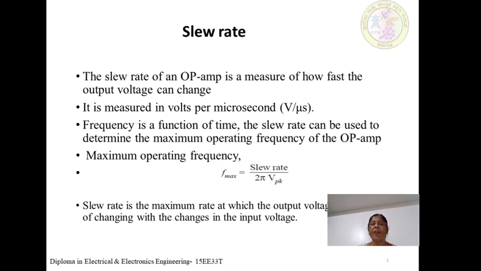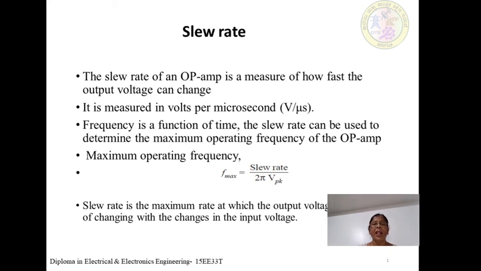The maximum frequency the operational amplifier follows is slew rate divided by 2 pi VPK. VPK means the peak voltage, the maximum voltage that can be amplified by the differential amplifier when the input signals are in differential mode.